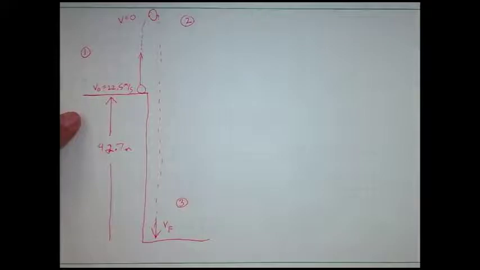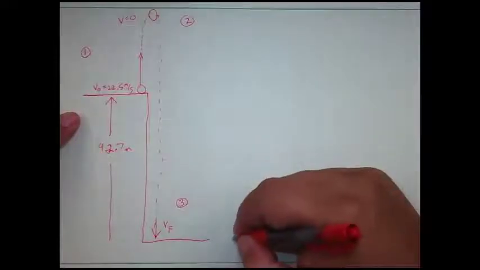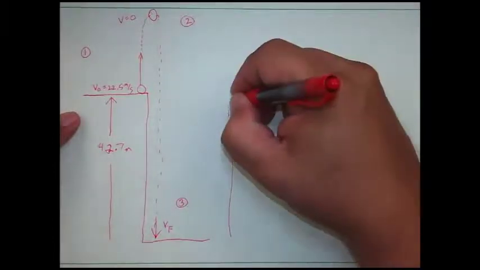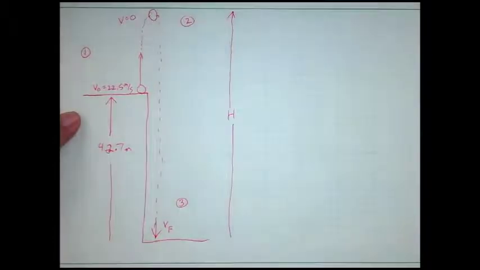We note on our diagram that the ball reaches a maximum height, which we will call capital H. And so step 1 is complete. We've drawn a diagram showing the ball at key points in its motion.